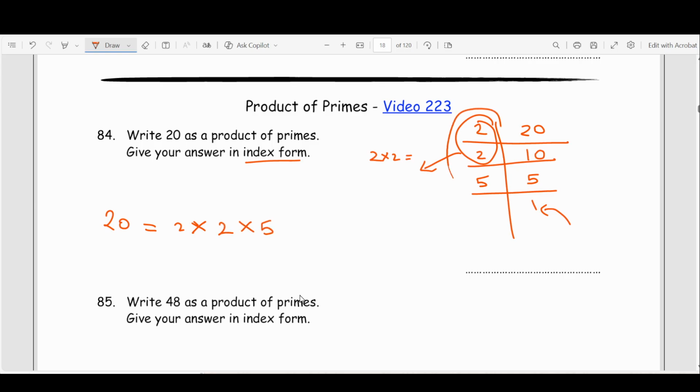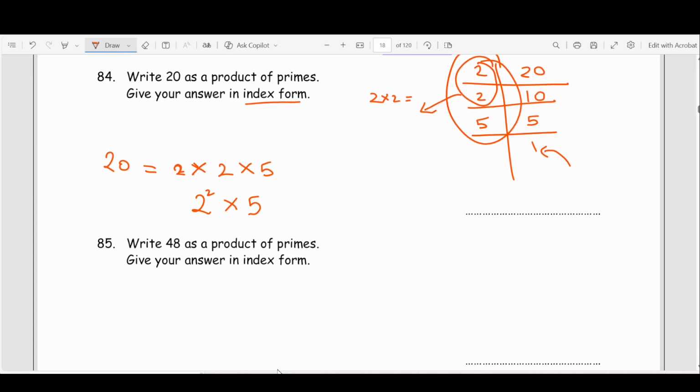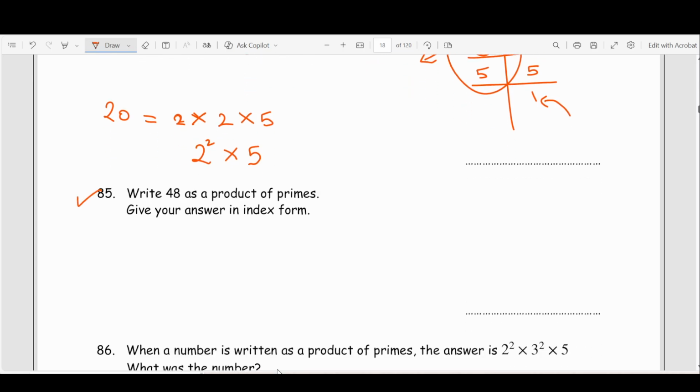We just multiply all these numbers. These are all prime numbers. You can see 2 and 5. Index form means what? Power form, 2 square, because there are 2 times 2, right? 2 square times 5. Clear? Okay, try this. 48, sorry, not 85.